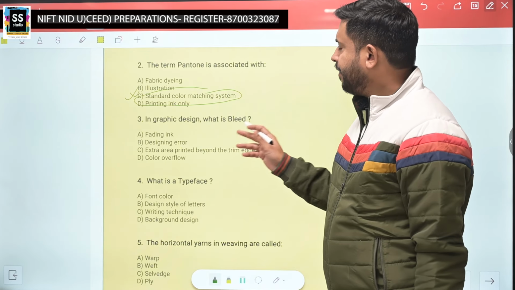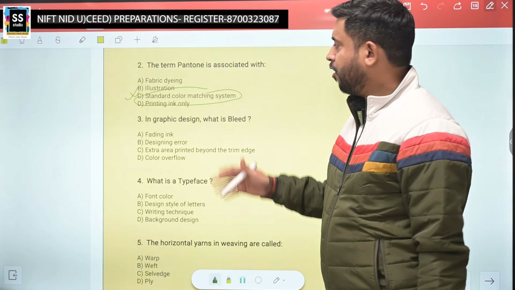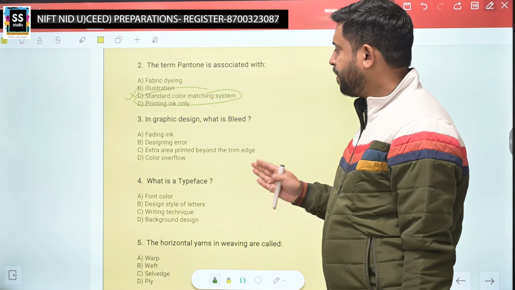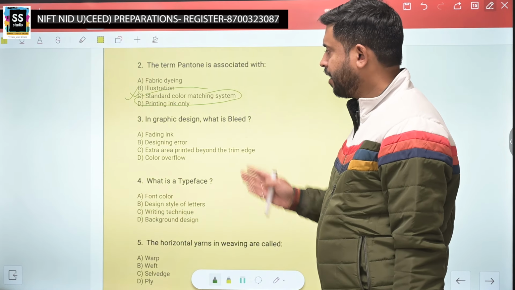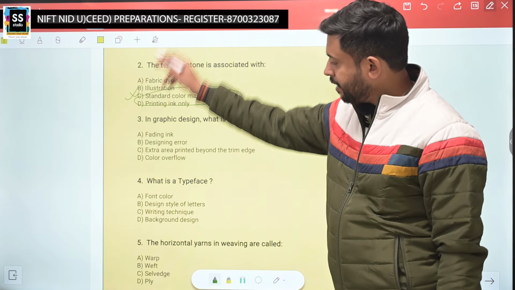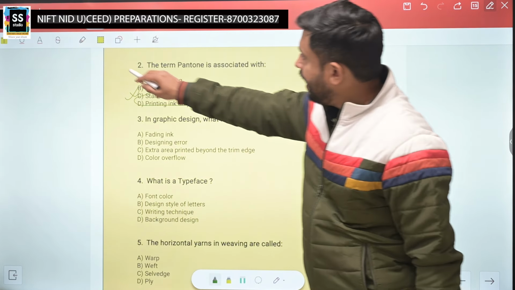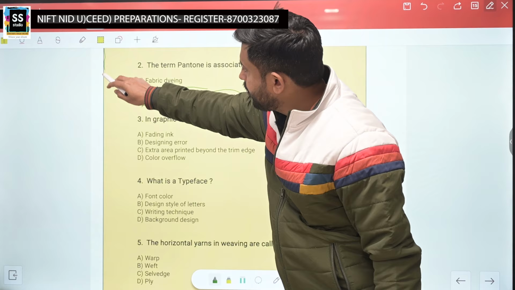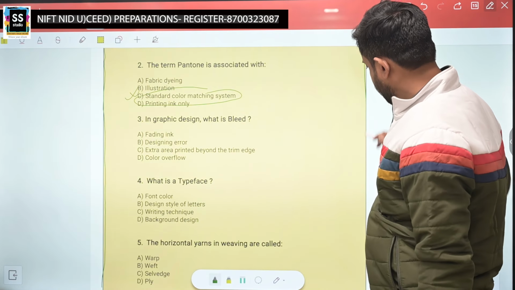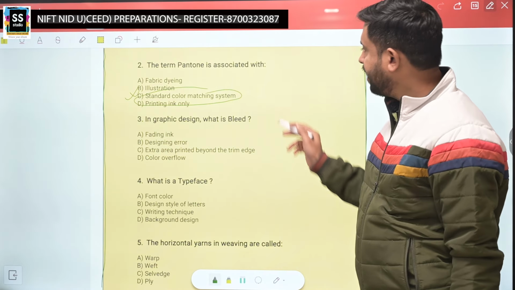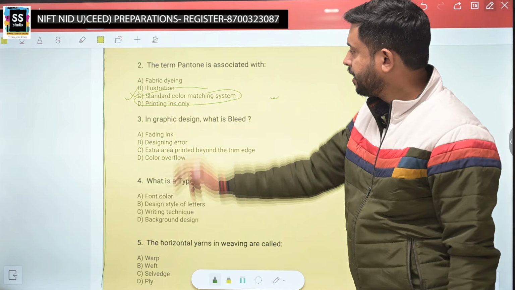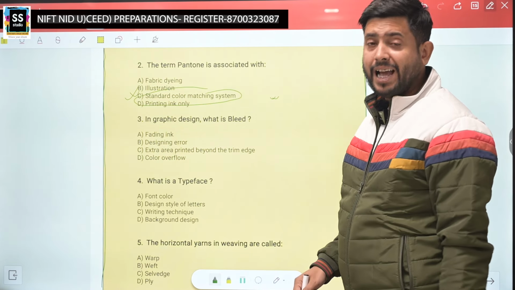Next one is, in graphic design, what is bleed? Your options are fading ink, designing error, extra area printed beyond the trim edge, and cover overflow. So I'll give you the example here. This is the screen what you see, and it is restricted with a border. I have restricted this particular yellow color to this edge.